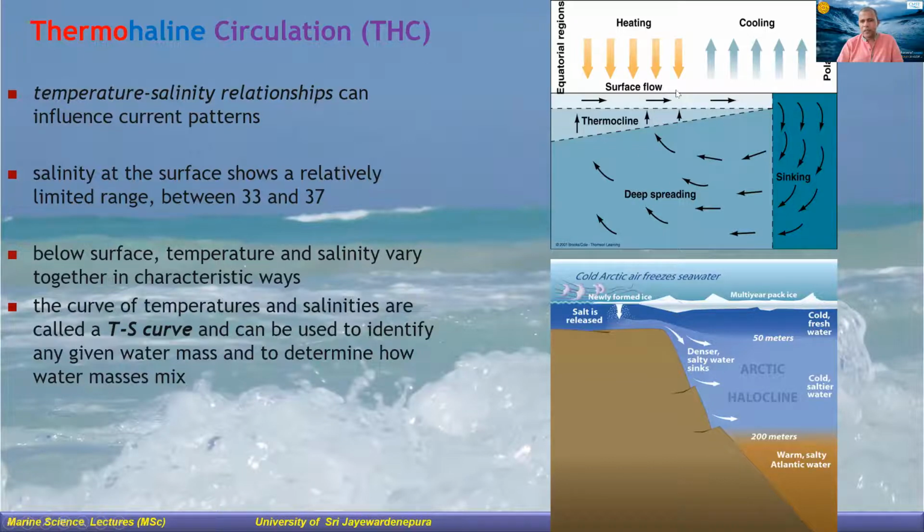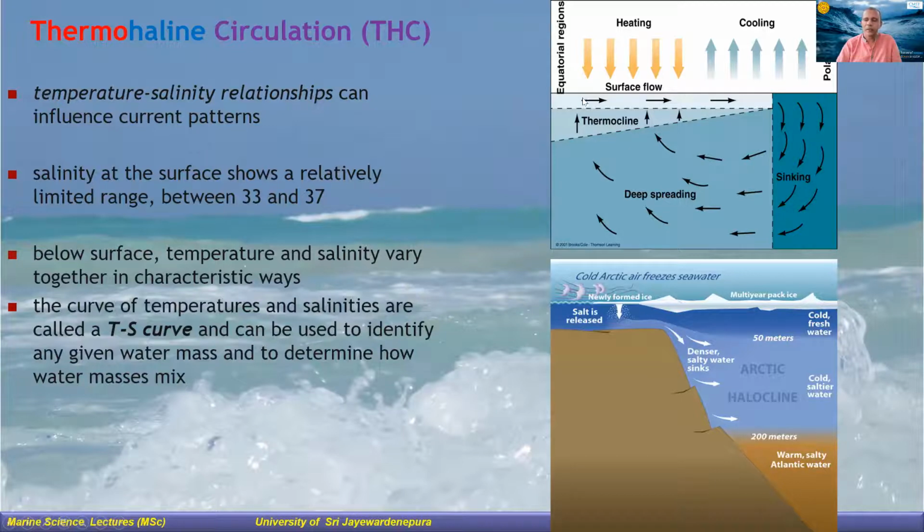So as you can see in the top right image, we already know about the ocean currents, some of these currents moving from the equator towards the polar region through the subtropics. The warmer waters are flowing on the surface, but in the tropical waters, as you already know, there is something called the thermocline, which is a barrier for the surface and deep water to mix.